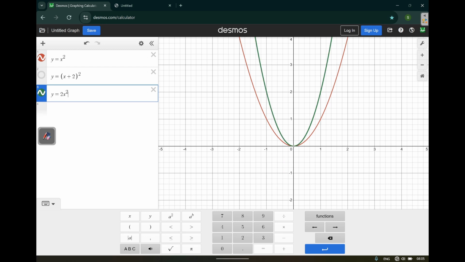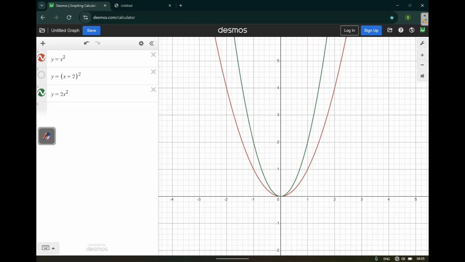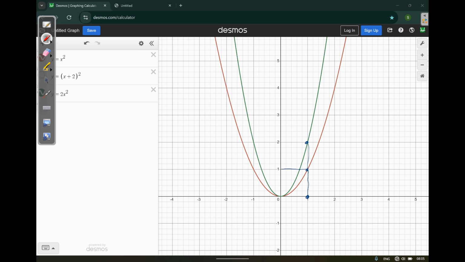So this green graph here that we have gotten, you can easily see that the x coordinates have remained the same. For the same x coordinate here, which is 1, the y coordinate is 2. So y coordinate here was 1, but now for the same x coordinate, the y coordinate is 2. Then if x is 2, first of all, y was 4.